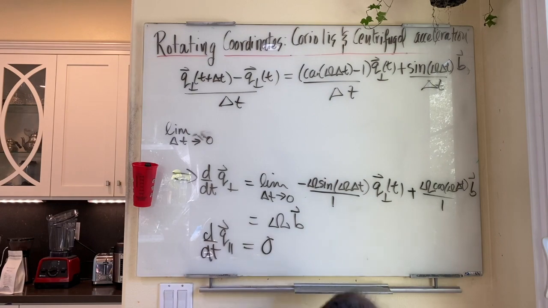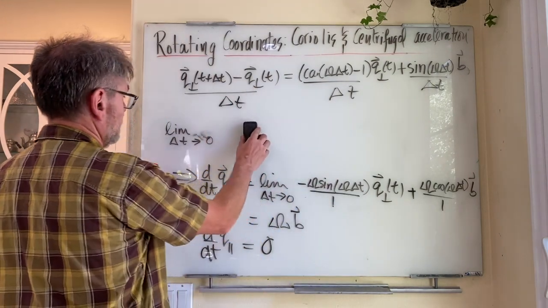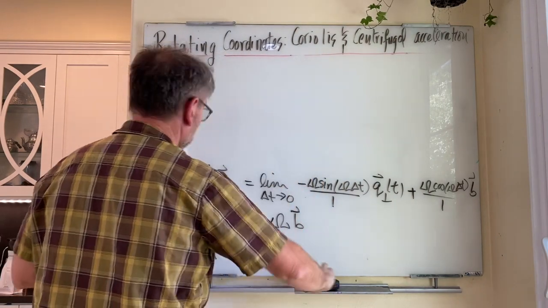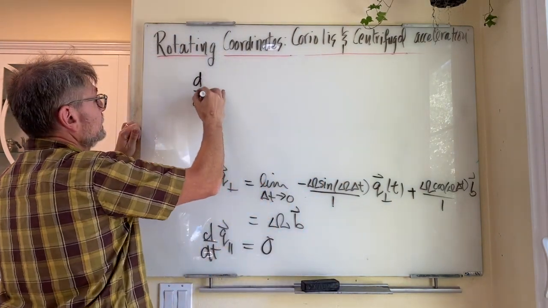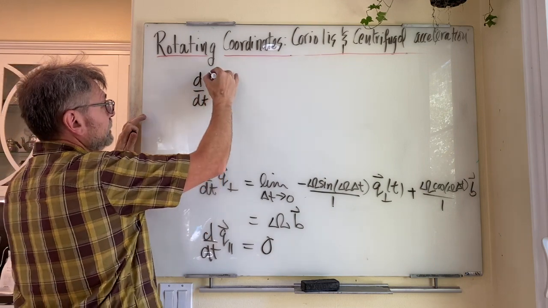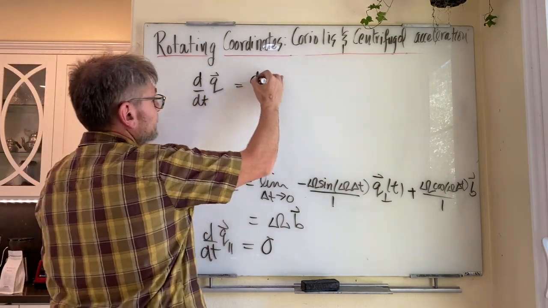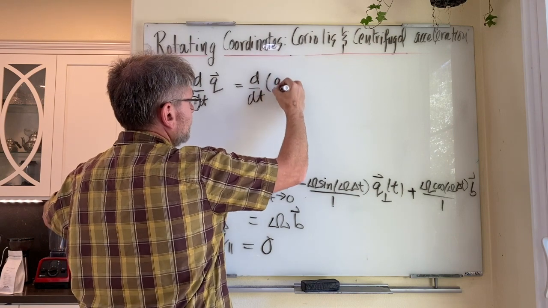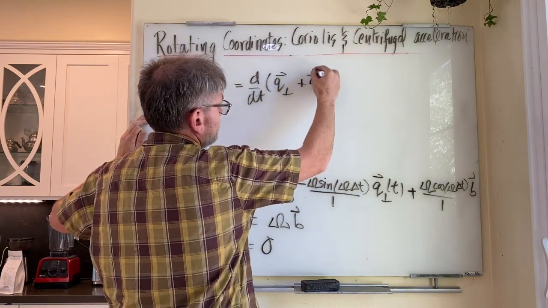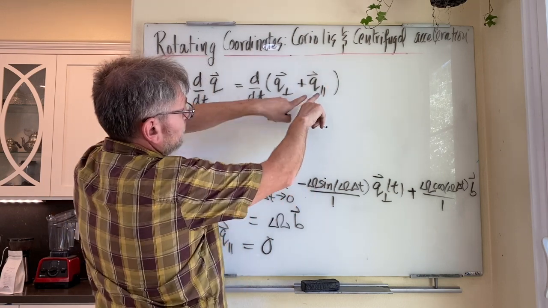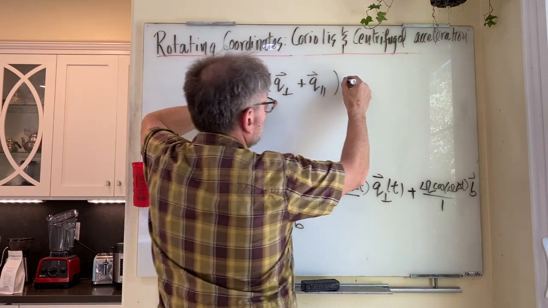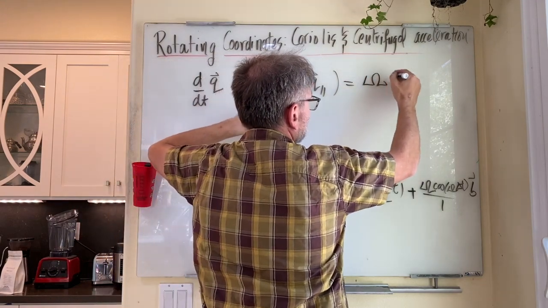So what we get is the following. The derivative d by dt of an arbitrary vector q in the rotating frame is equal to the derivative of q perp plus q parallel, and the derivative of parallel is 0. The derivative of q perp is omega b, so that's equal to omega b.